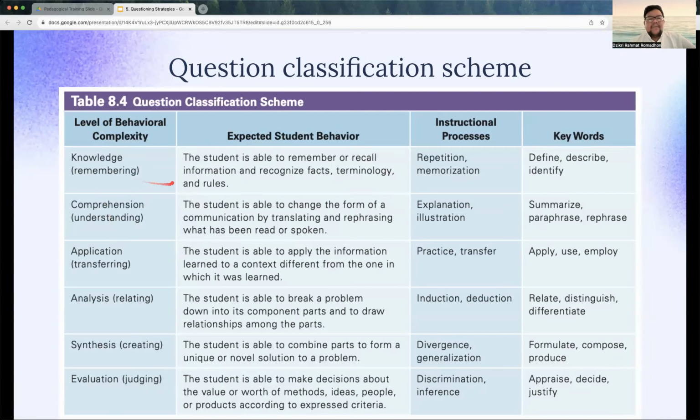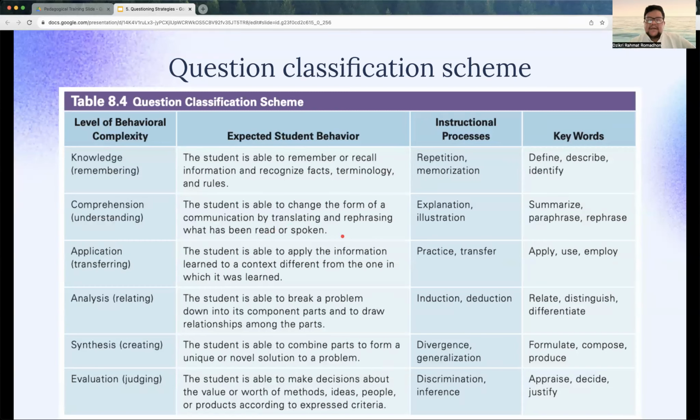So in knowledge and remembering, the student is able to remember or recall information and recognize facts, terminology and rules. Instructional processes are repetition and memorization. And in the questions, you can use keywords such as define, describe, identify. And the next, for comprehension, the student is able to change the form of a communication by translating or rephrasing what has been read or spoken.